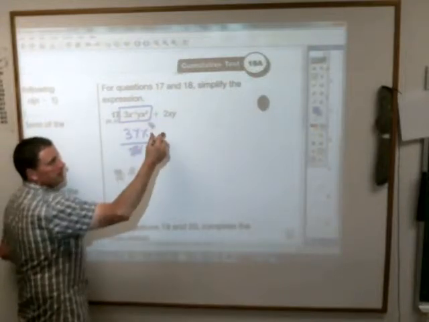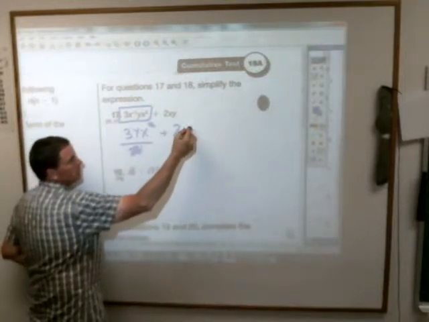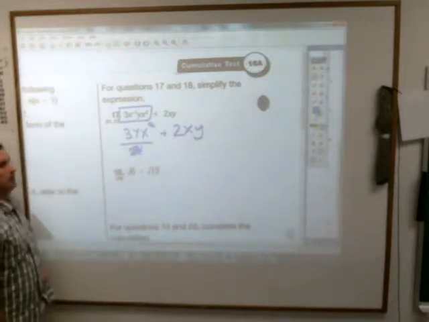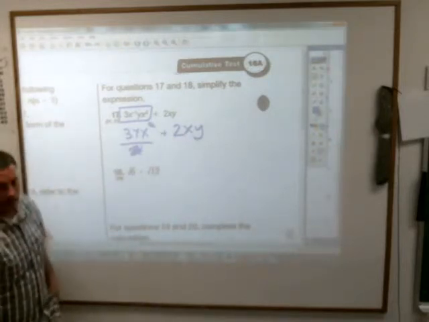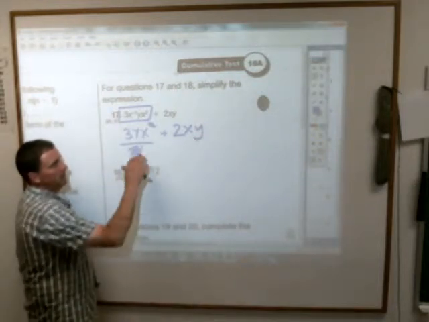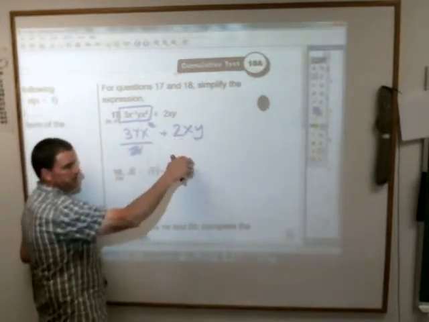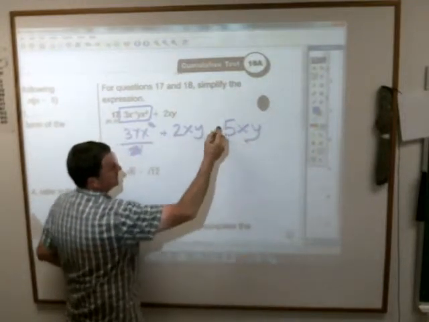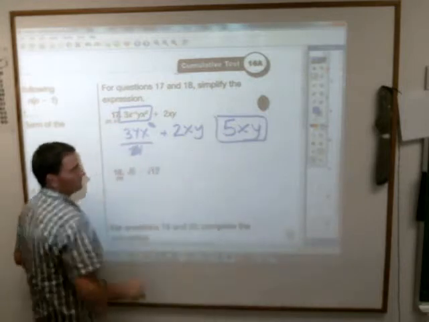And then I have 3yx plus 2xy. Are they like terms? Indeed they are. X's and Y's are the same as Y's and X's because of multiplication, you can flip it. So if I have 3 here and I add 2 more, that means I have a total of 5 XY's or YX's.